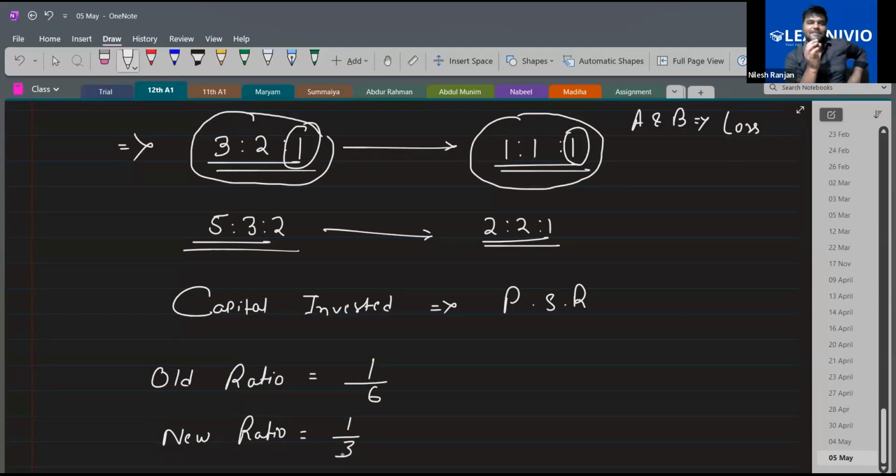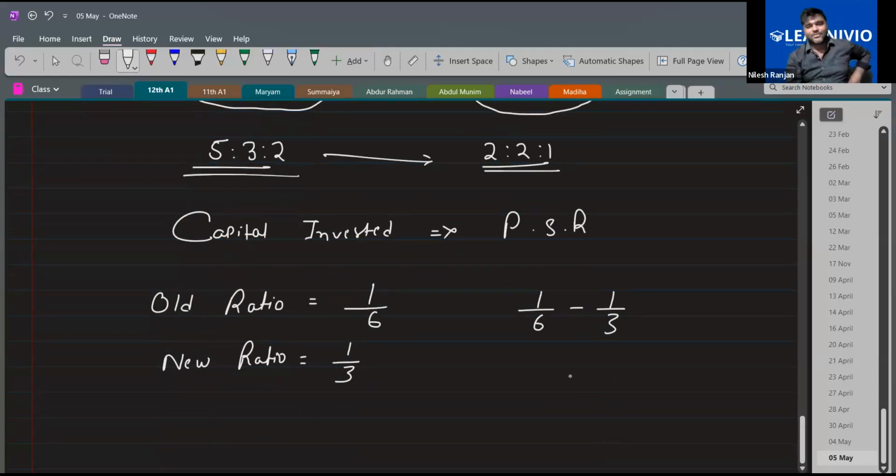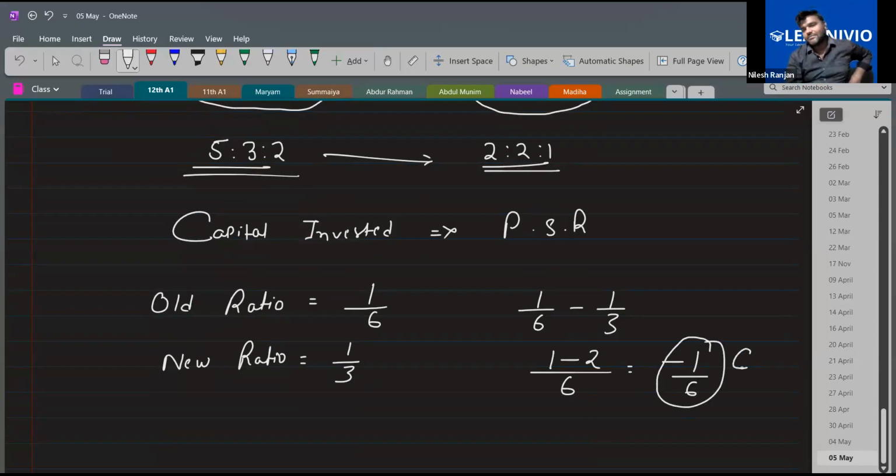So 1 by 6 minus 1 by 3 will be minus 1 by 6. So C is benefited. It is C's gain. Is this clear? Yes, sir.